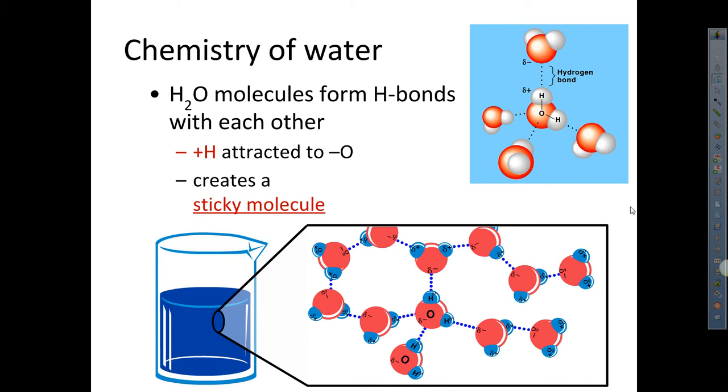And so here we can see when water is actually arranged, when we can see all the molecules laid out. So we have a negative oxygen pointing to a positive hydrogen, and so on and so on. So we have this kind of up-down latticework pattern. Now this is liquid water we're looking at, and so in reality these molecules will be rolling all around and tumbling with each other in a liquid-like state.